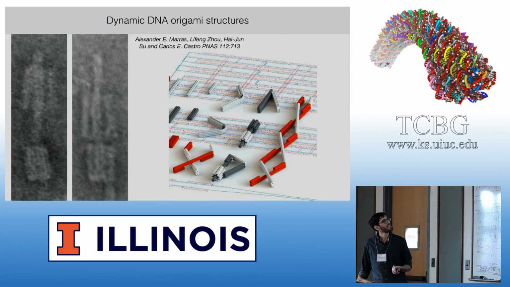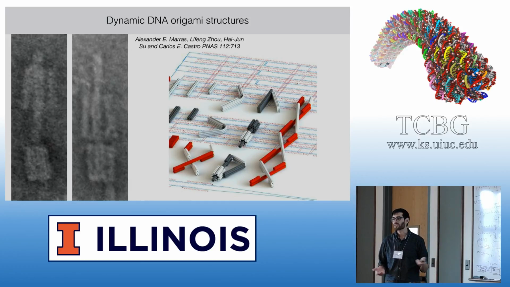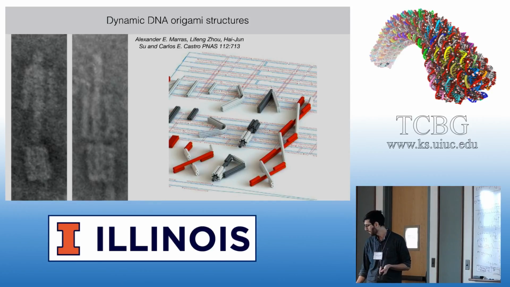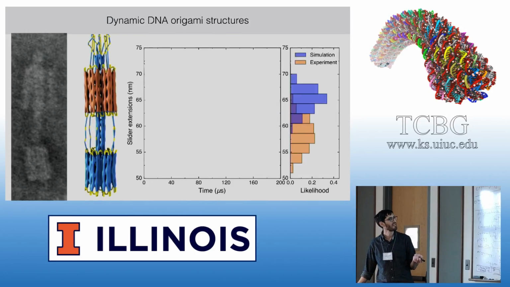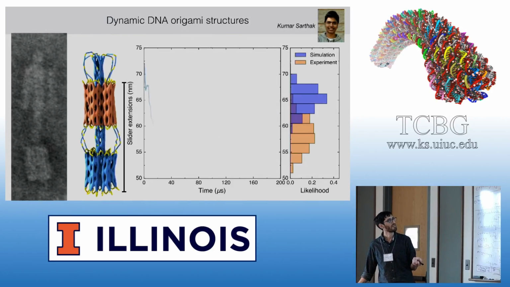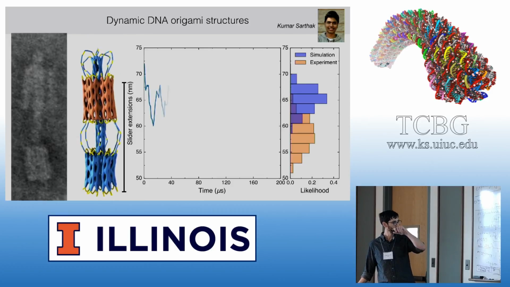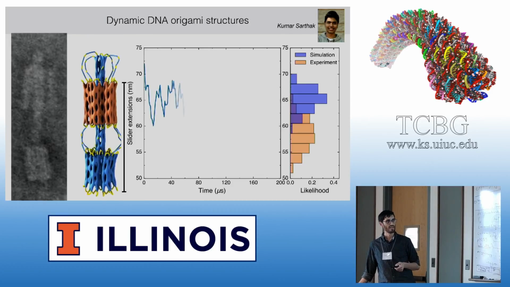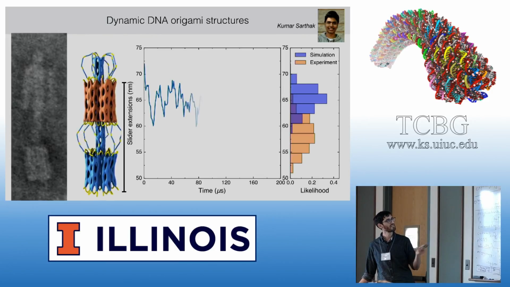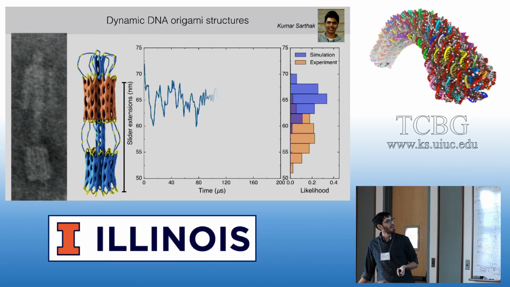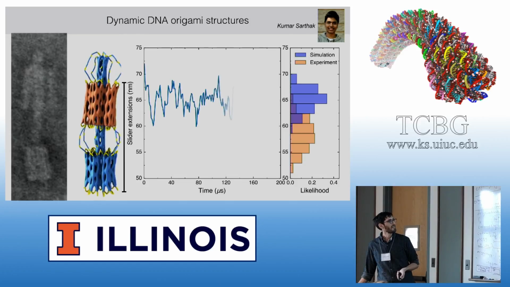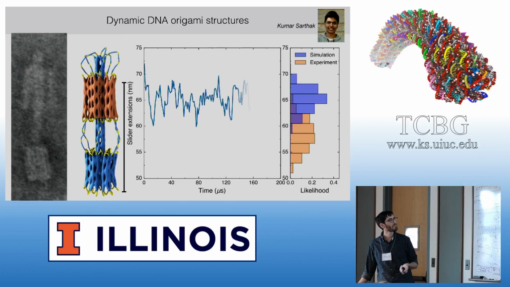So another application of the mRDNA script is that you could look at all of these moving nanostructures from the past. One of the first things that we were looking at was this slider object, which Sartak was simulating when he did a rotation in our group, as a new graduate student. And it worked reasonably well.